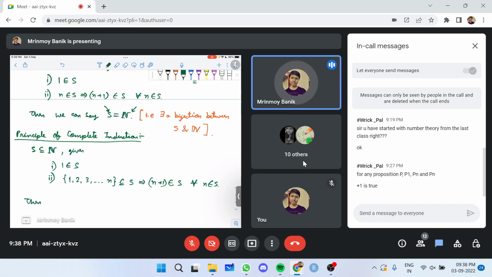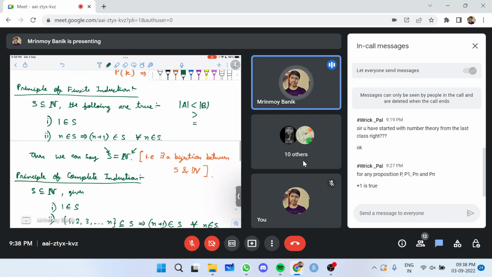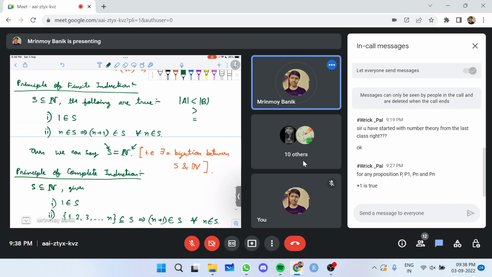So if 1 and 2 hold, we can say S is equal to N. You can easily prove the first principle of induction from the second and the second from the first.